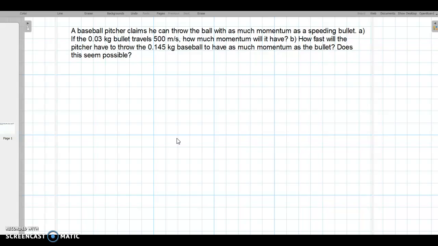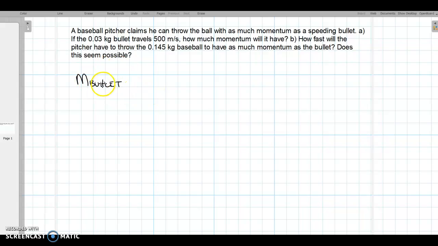For part A, you have to recognize what we're given in the problem. Remember, mass is measured in kilograms, velocity is measured in meters per second, and momentum is measured in kilogram meters per second. What I know now is that I am given the mass of the bullet.